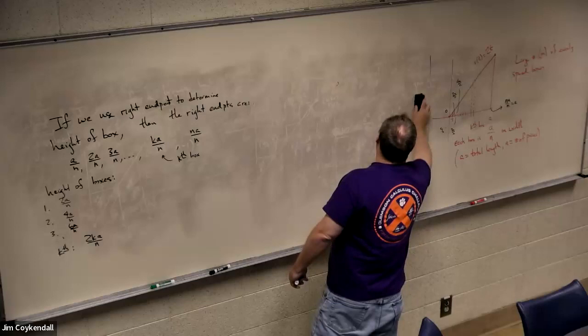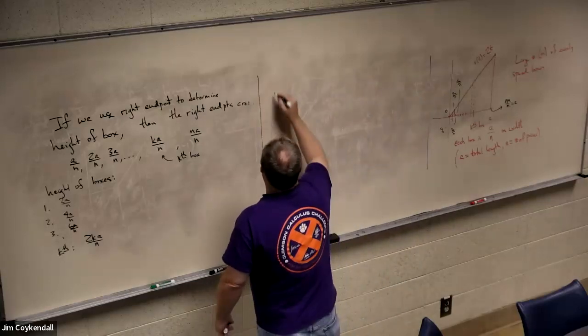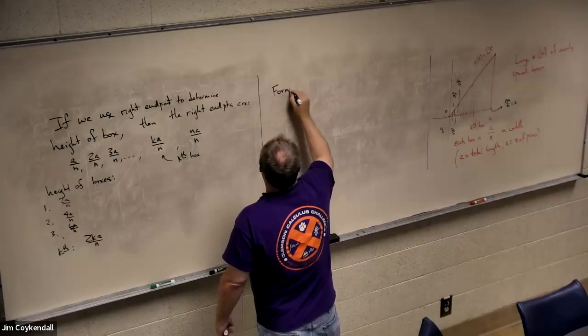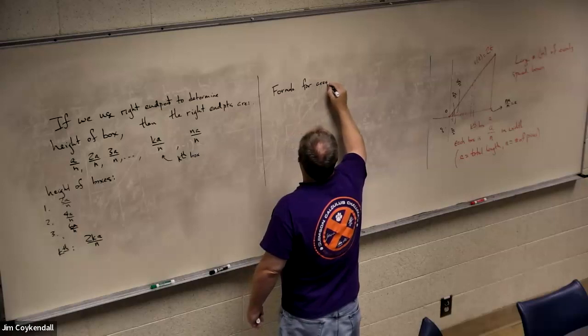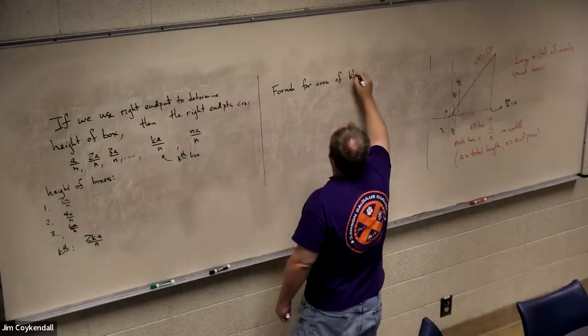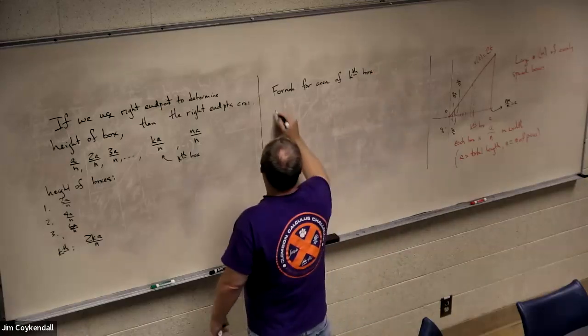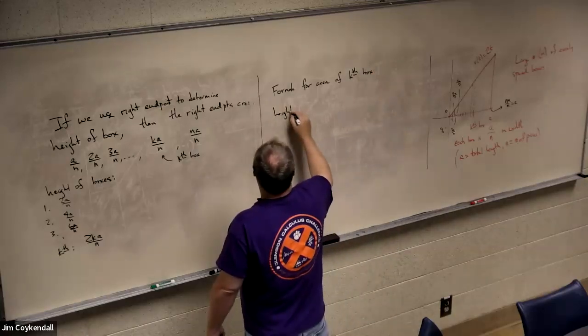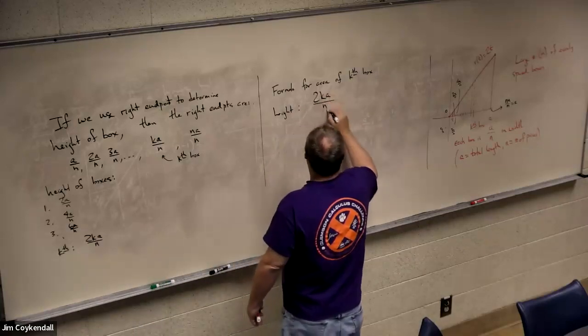So I can now give a formula for the area of the kth box. The height, you guys have already told me, is 2k a over n.